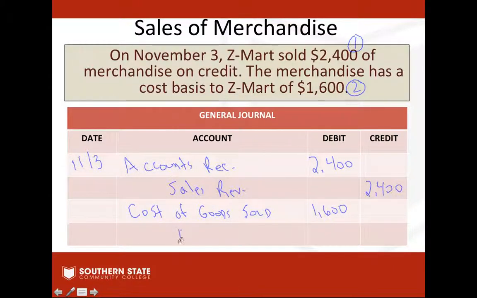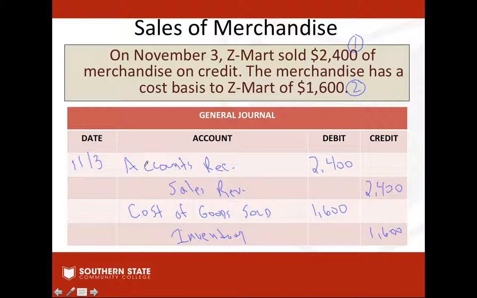And our credit would be to inventory, $1,600. So those are our entries, if I want to be grammatically correct, to record a sale of merchandise on account.